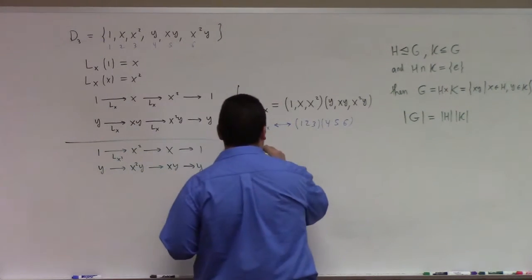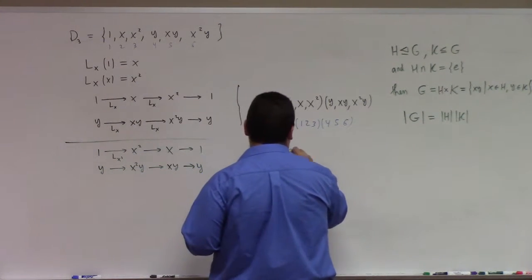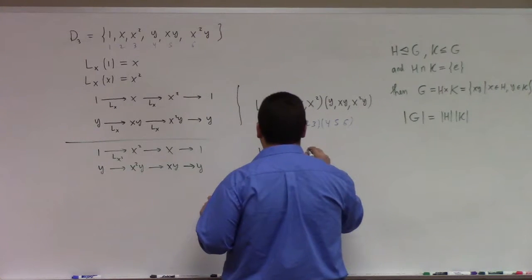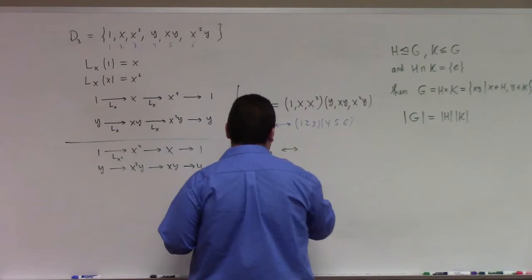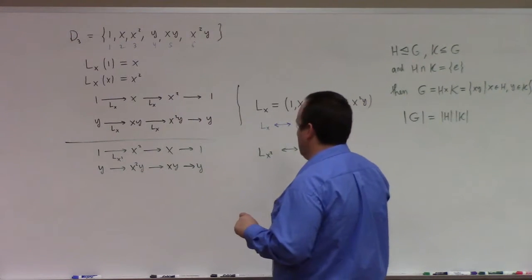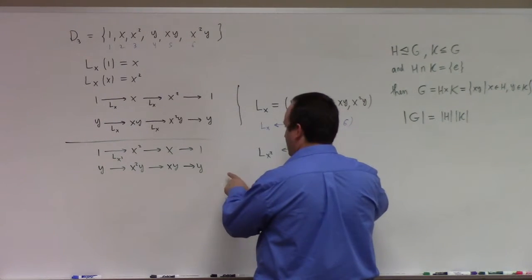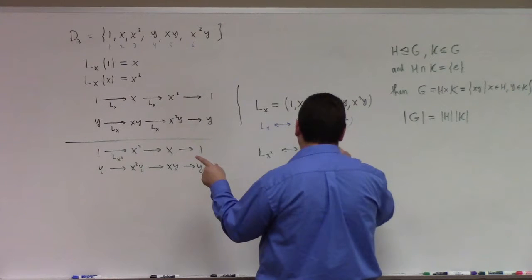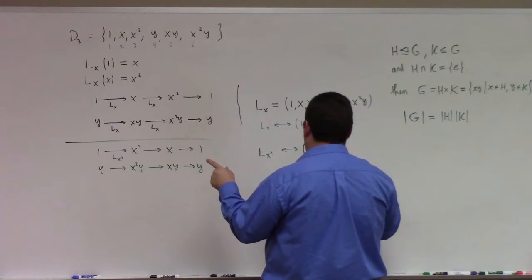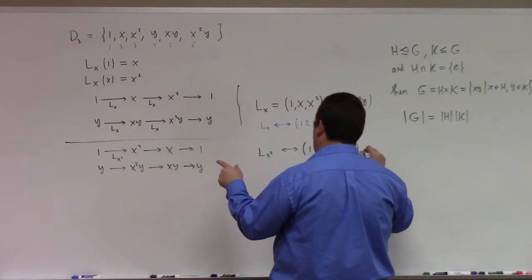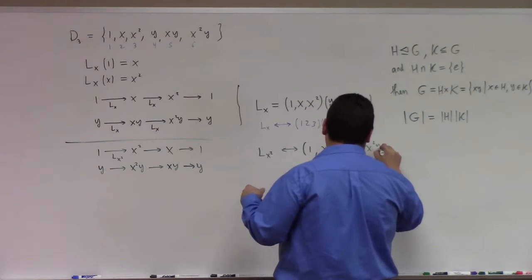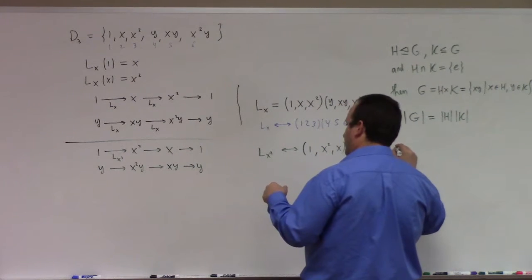So basically, Lx squared corresponds to, in the abstract cycle notation, (1 x squared x), and then (y x squared y xy).